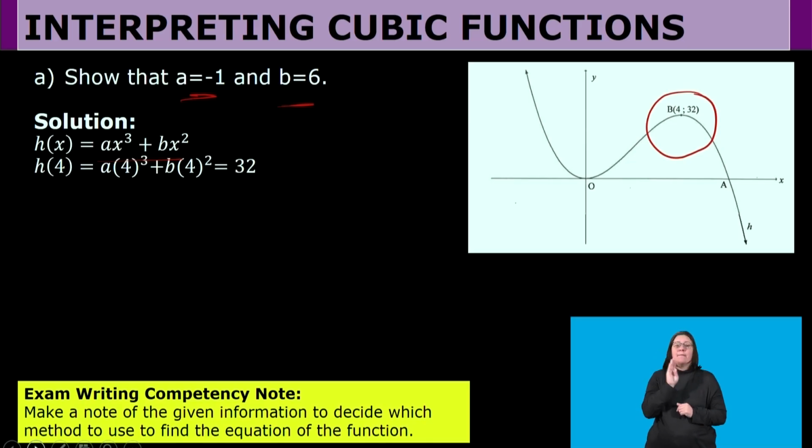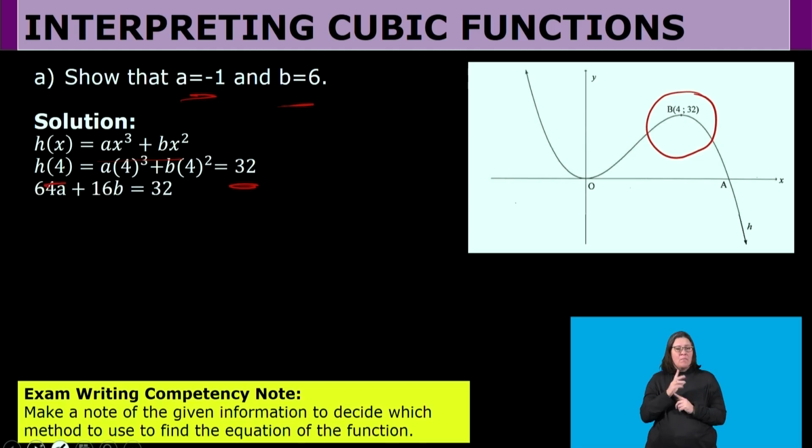We need to remember that B is not only a turning point, it's also a point that lies on the graph. So it gives us two bits of information. It's a stationary point, so therefore the derivative at the point B is 0. It's also a point on the graph. So we're going to use that information to help us formulate equations. I know that h of 4 is equal to 32, because that's what the question told me.